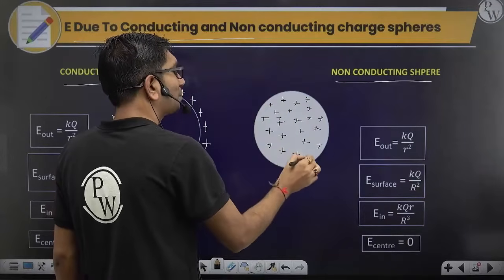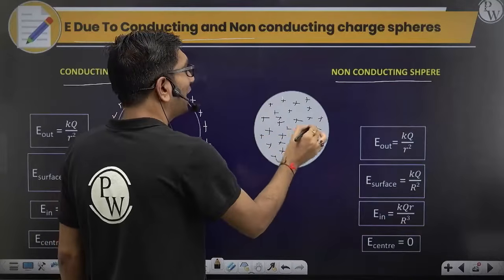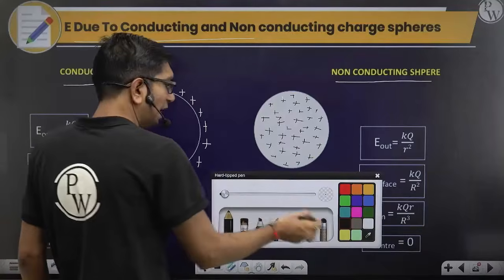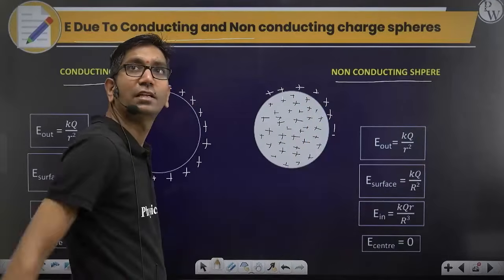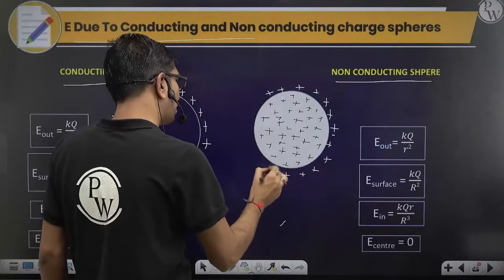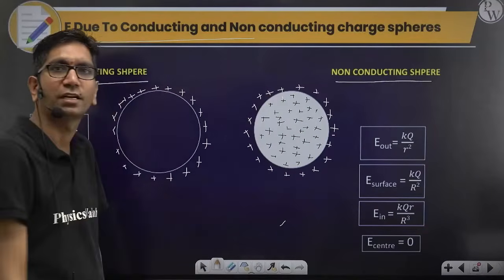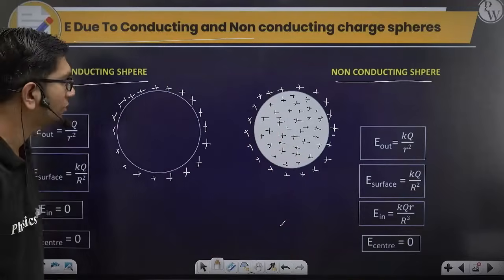Solid sphere, iron ball. Charge is present inside as well as outside. Is it clear for you all? No doubts? We have covered almost every key point. It is sufficient for JEE, NEET as well as for board.